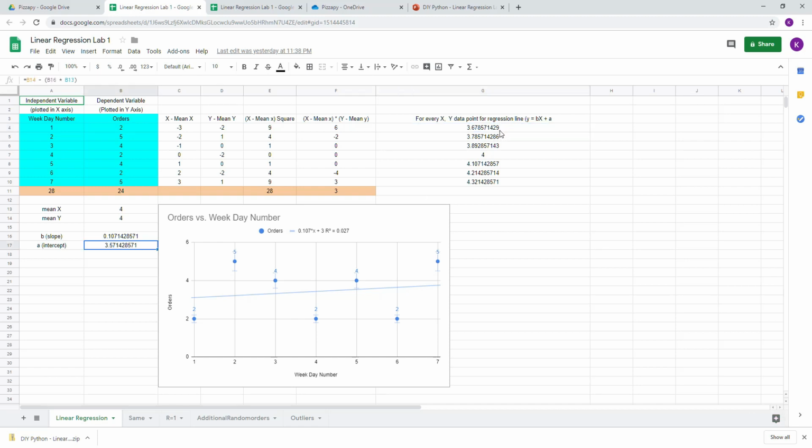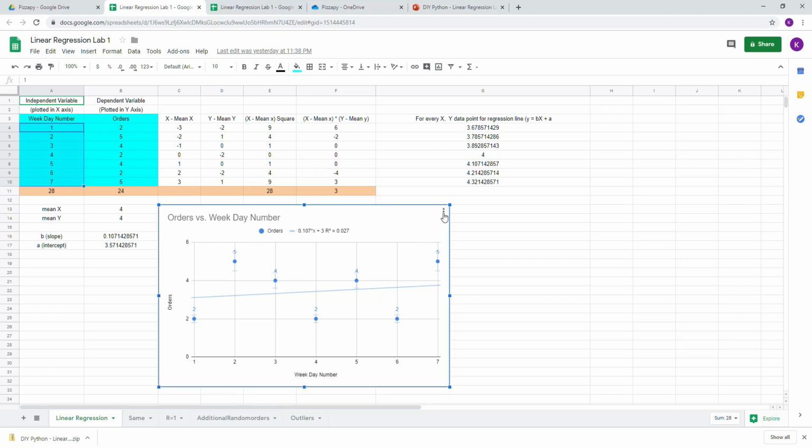If you plot all those values, it's like y is equal to b multiplied by x plus a. We have all those values here. So we are actually plotting a line on the graph, and these are the y points for every x you have here. But what is the equation?